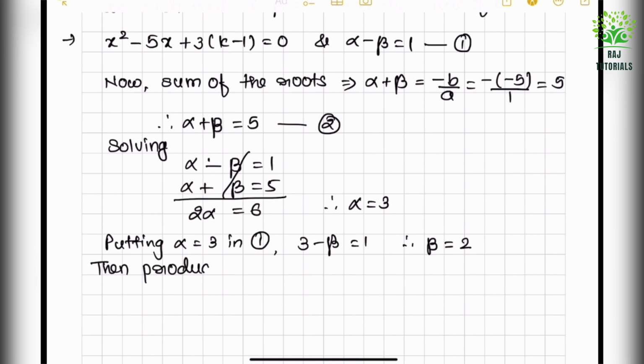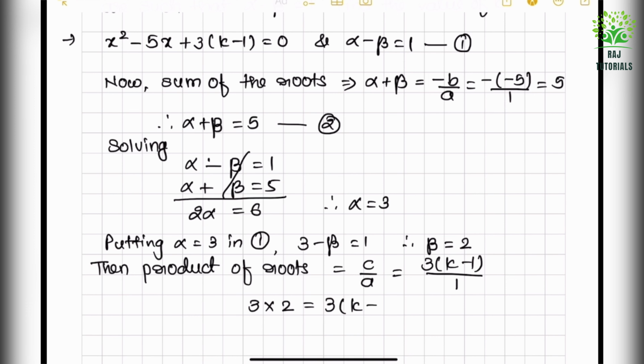Then product of roots is c by a. So c is 3 into k minus 1 upon 1. So here the roots are 3 and 2. So 6 it should be equal to 3 into k minus 1. So 3 cancel. So I can say k equal to 3.